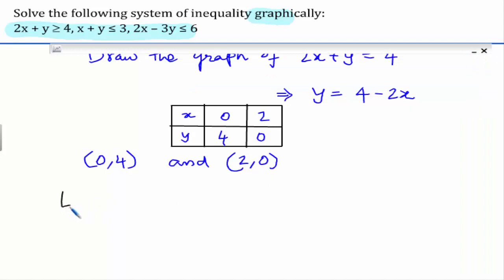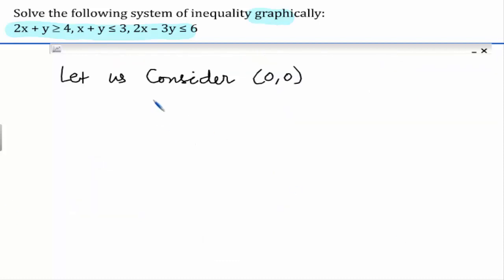Now let us select the origin as an arbitrary point to substitute into the inequality. So the inequality is 2x plus y is greater than or equal to 4. If I substitute 0 in place of x and y, I will get 0 here, which is greater than or equal to 4.